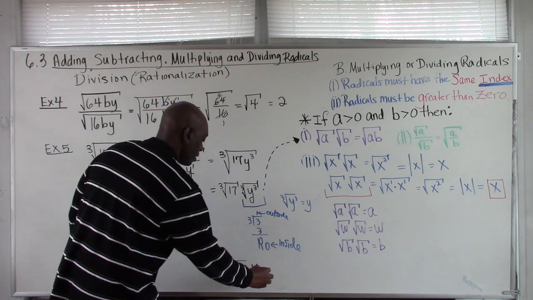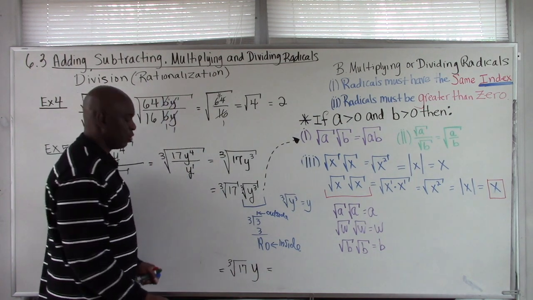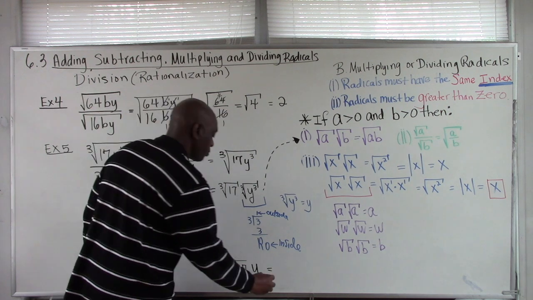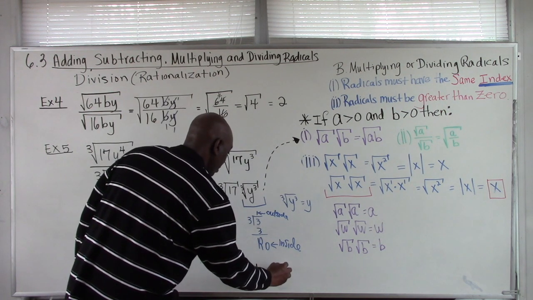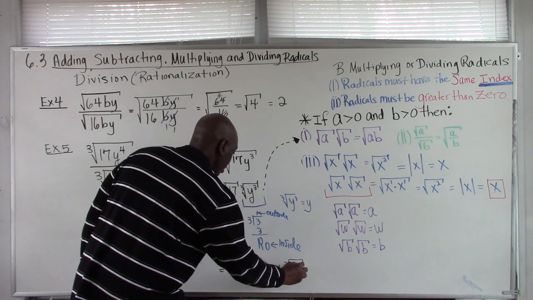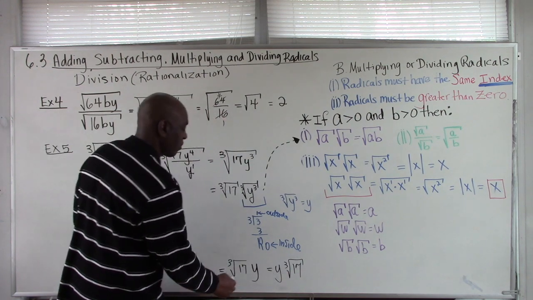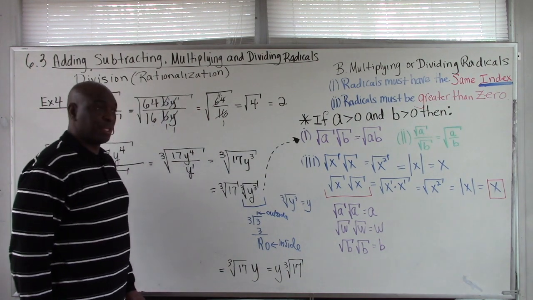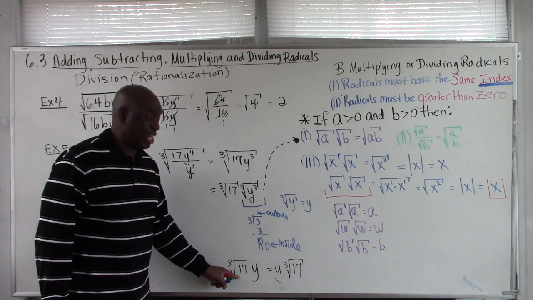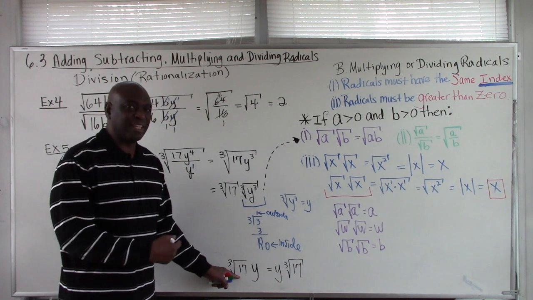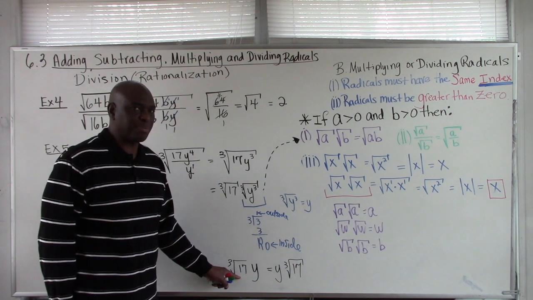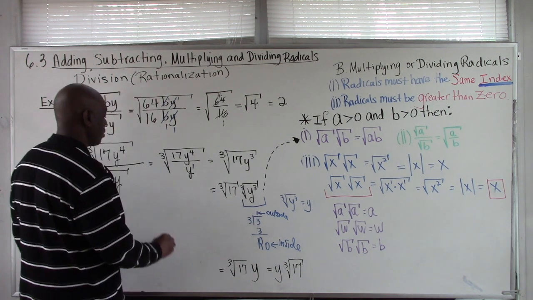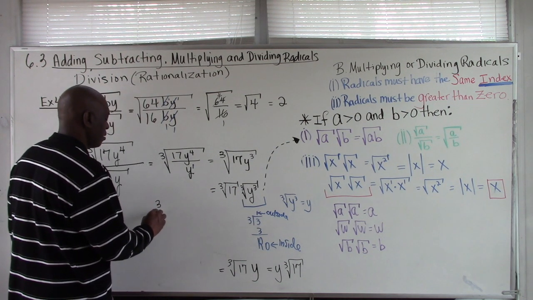which equals, like I said with example 1, don't write the y on the back side, write the y first, which equals y, the cube root of 17. Write the y first, because you might make a mistake right here and put the y inside of the radical, which is absolutely incorrect. In other words, this right here, see this?